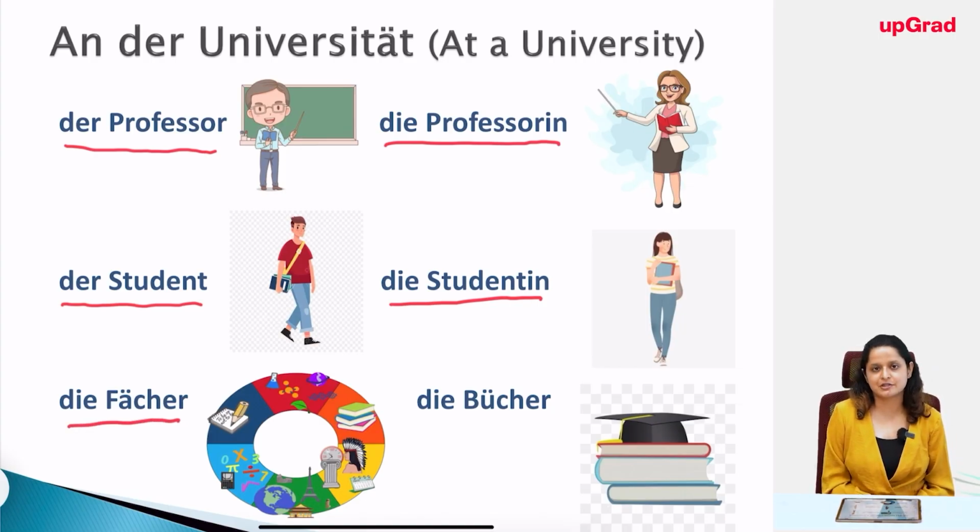So whatever subjects you'll study at the university, all of them together are called the Fächer. And the final word that we see here is the Bücher. Bücher are books. So we'll repeat these words once more. Der Professor, die Professorin, der Student, die Studentin, die Fächer, die Bücher.